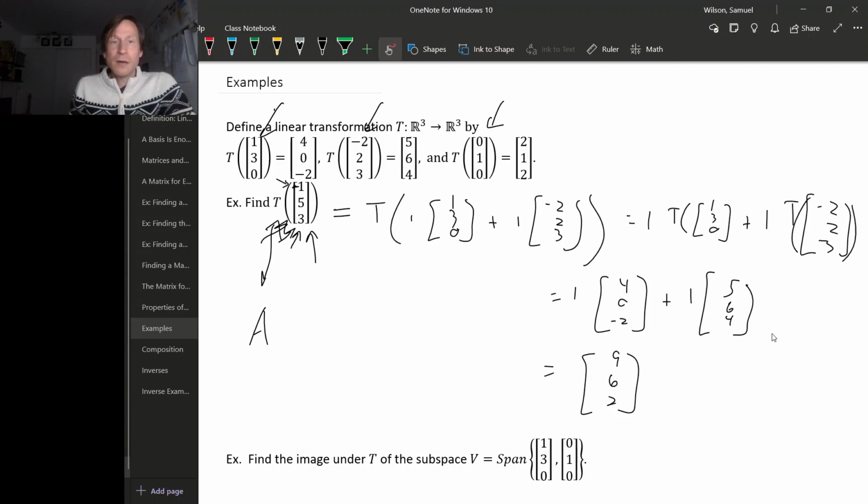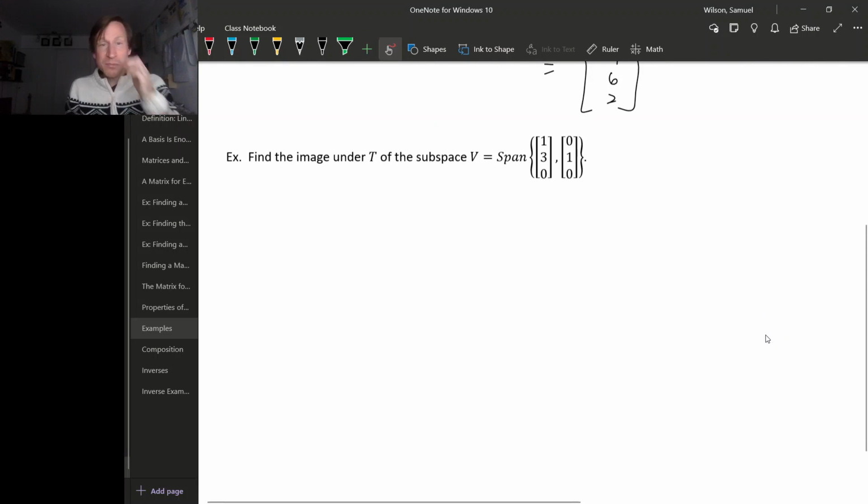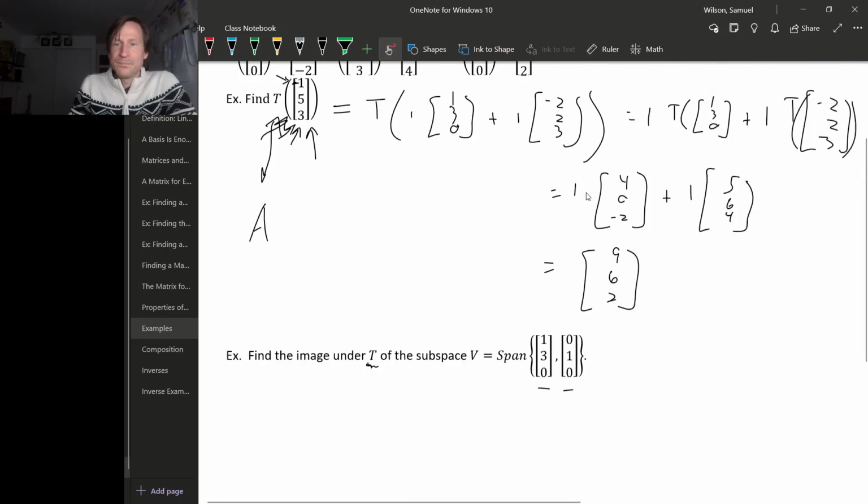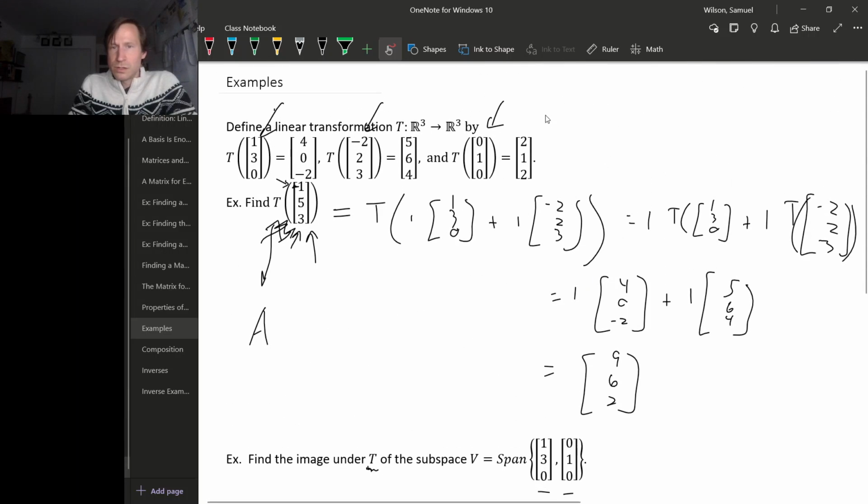All right, for another example, let's find the image under this linear transformation of the span of 1, 3, 0 and 0, 1, 0. Okay, so let's see, that's 1, 3, 0 is right here, and 0, 1, 0 is right here.